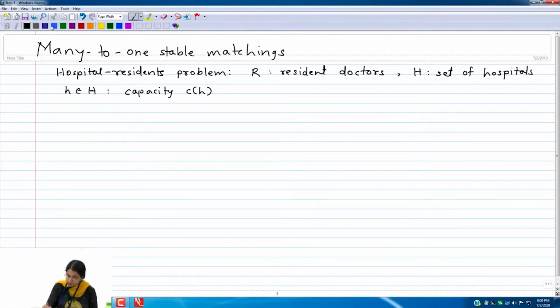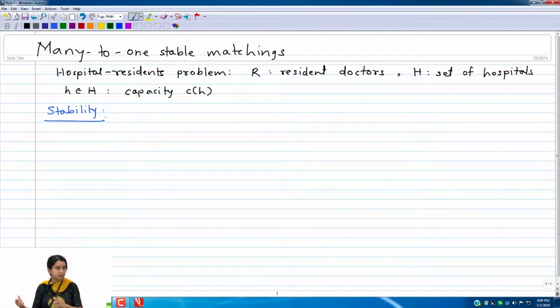So first of all, how do we define stability here? Of course, a matching is not a one-to-one mapping like we had yesterday, but many residents can get assigned to the same hospital. So we will still call it a matching.